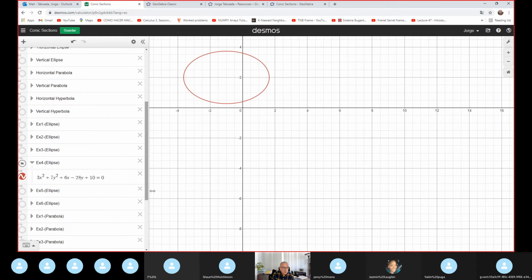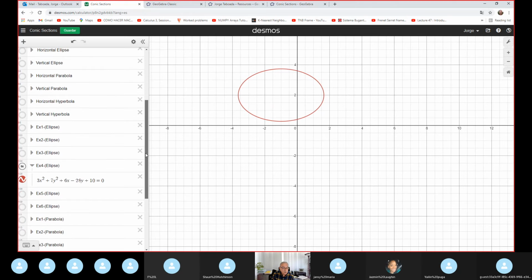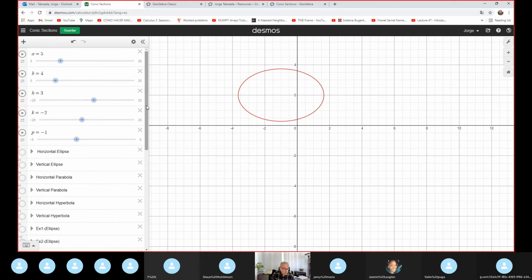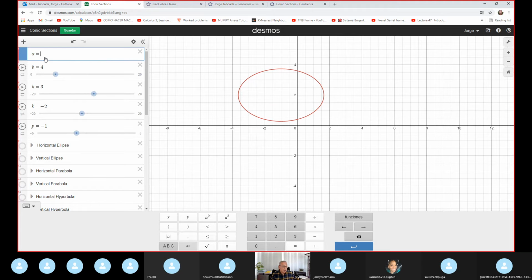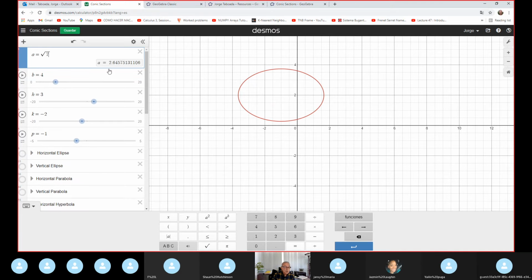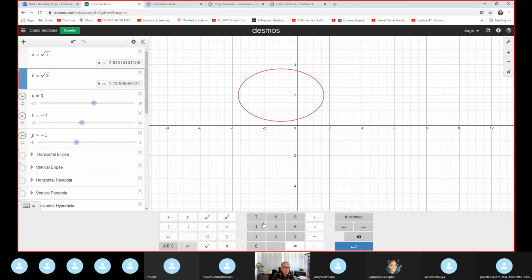I copied it in the original way without transformation or anything. However, I discovered a is radical 7. Radical 7 is a little bit hard, however, I use the keyboard, I put radical 7 here. Bang. And you see here the decimal approximation. And b is radical 3. Bang.